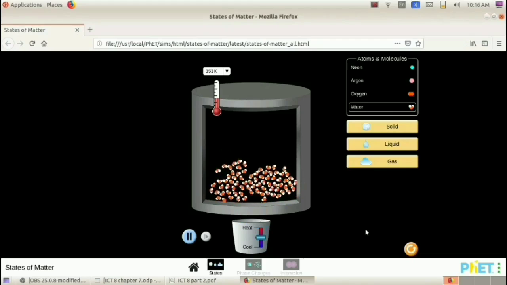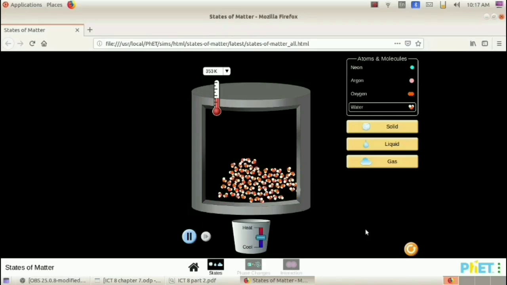What about the atomic structure of water at 350 Kelvin? Particles are close but not as closely or tightly packed as in the case of solid. The particles have little energy, so they are moving apart from each other, and there is a little distance between the particles.